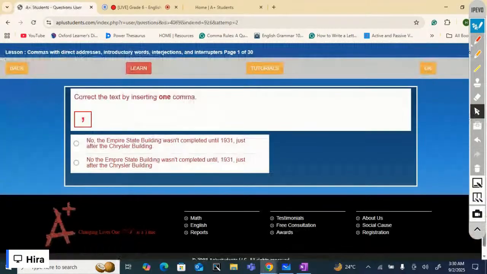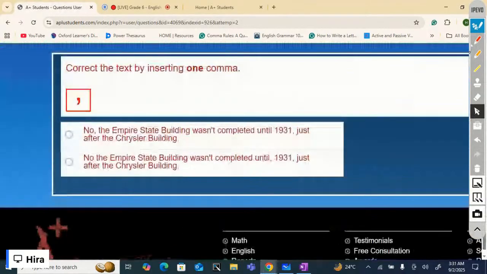Now correct the text by inserting one comma. No, the Empire State Building wasn't completed until 1931, just after the Chrysler Building. First or second?